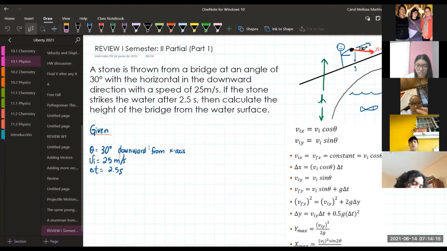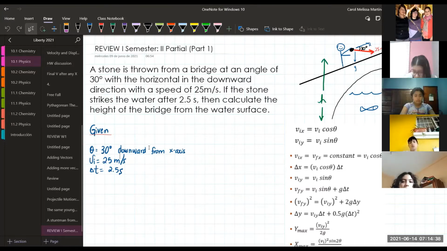And what else? They're asking me to find the height of the bridge. If I want to find the height of the bridge, I'm looking for the vertical change in position or the horizontal change in position? Vertical. So I'm looking for the height, and it refers to a vertical dimension, a vertical measurement.